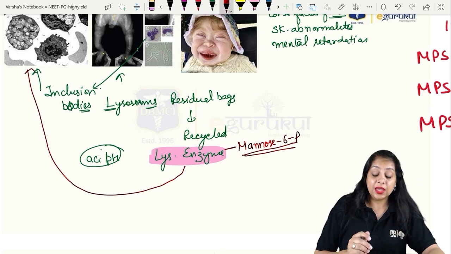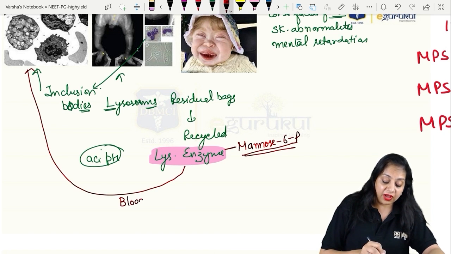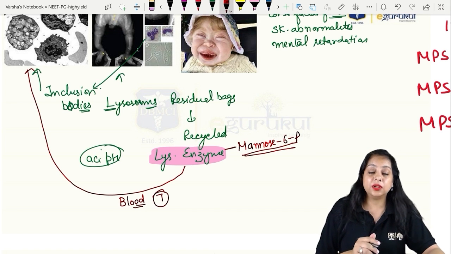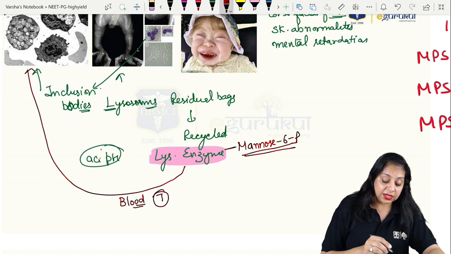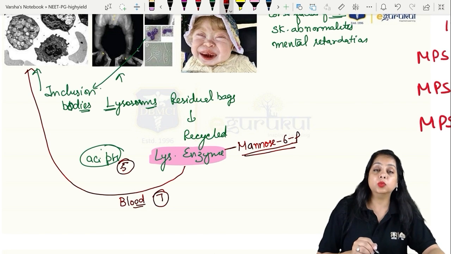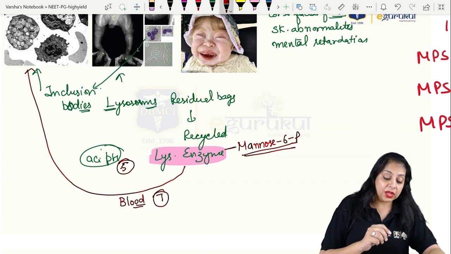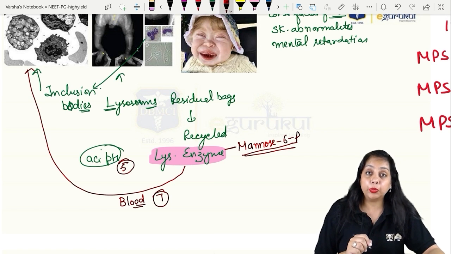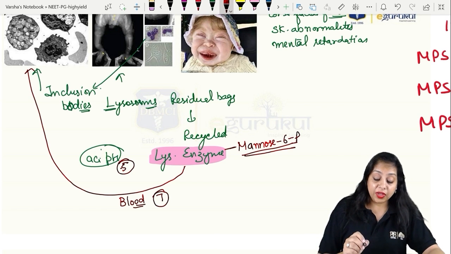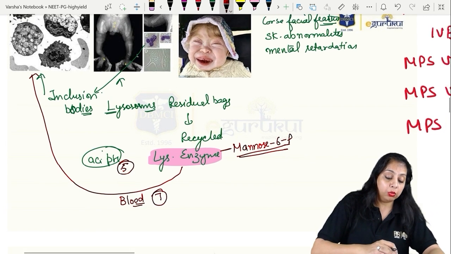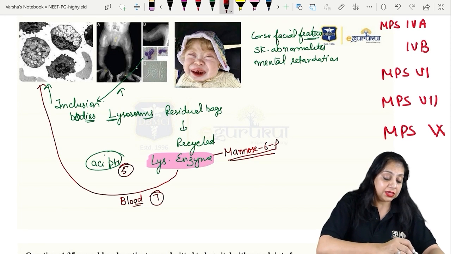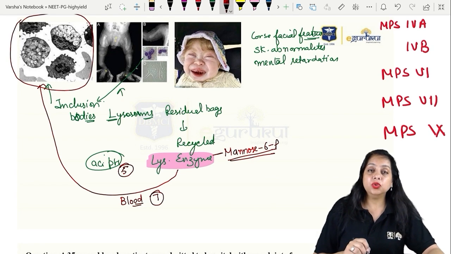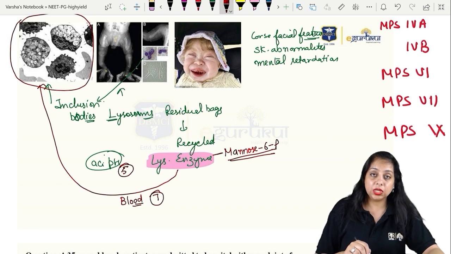And these enzymes, while traveling in the blood, are at blood pH, which is almost 7, not acidic, so they are not working. They need an acidic pH of approximately 5 to work. But as soon as they reach the lysosome, where they find the appropriate condition, they start working. So when the tagging is not done, everything keeps accumulating and building up in the lysosome, as shown here, and that leads to inclusion body formation.